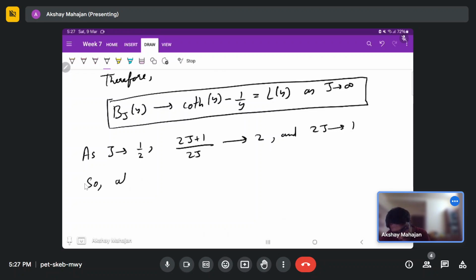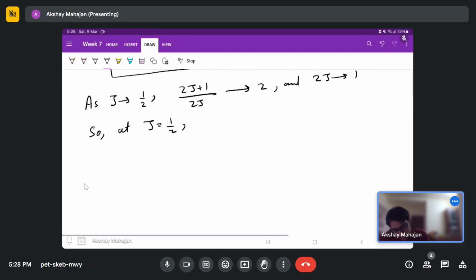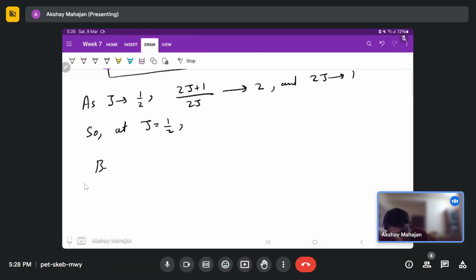So at j equals half, you know this should go to tanh y, right, and that we are going to show now. So Bj of y will be equal to 2 times coth of 2y minus coth of y.